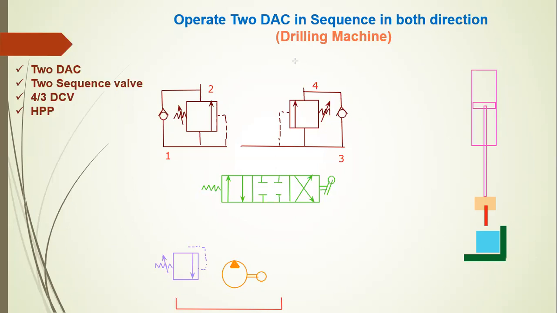Another cylinder is required for horizontal motion. Let's draw another cylinder to give motion in a horizontal direction.